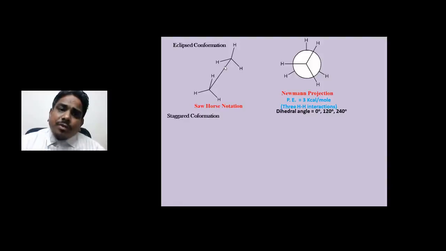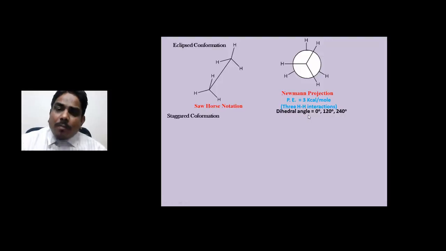This is the Sawhorse notation. These are the non-bonded hydrogens present on each carbon. In the Newman projection, we find that this hydrogen is eclipsing or covering this hydrogen. It shows the electronic and steric interaction. Accordingly, the Newman projection formula of the eclipse conformation of ethane shows 3 hydrogen interactions.